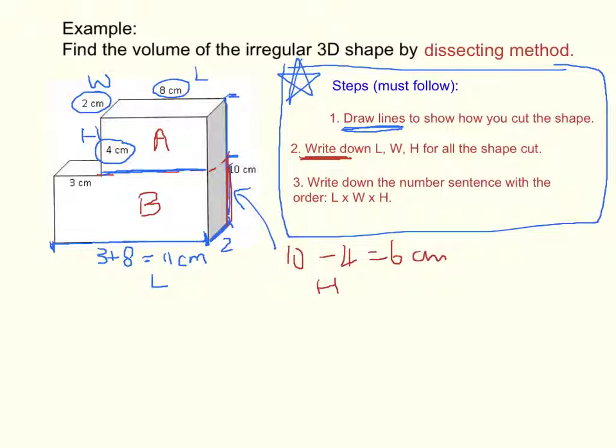So we can find out the number sentence now. Write the number sentence following this order: length times width times height. So the number sentence will be cuboid A first.